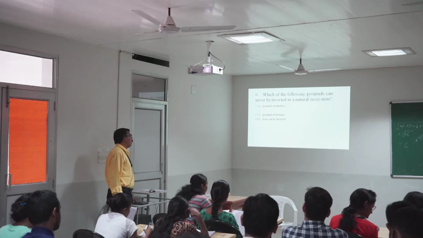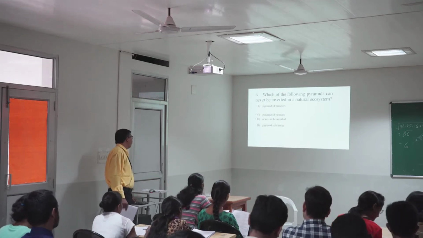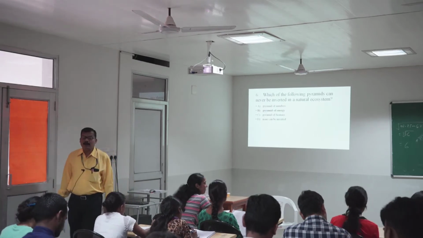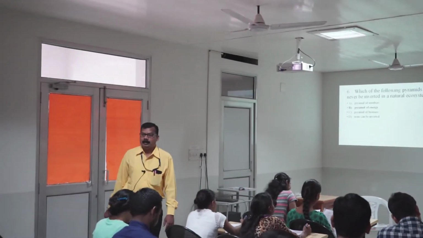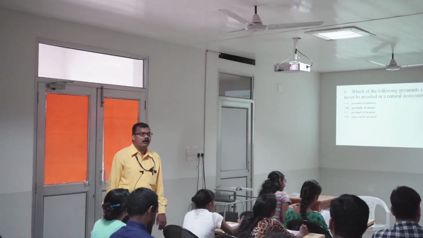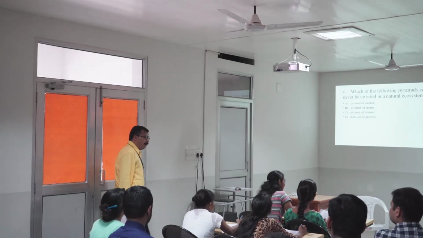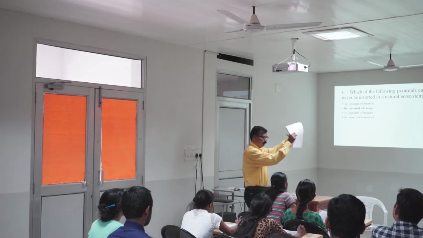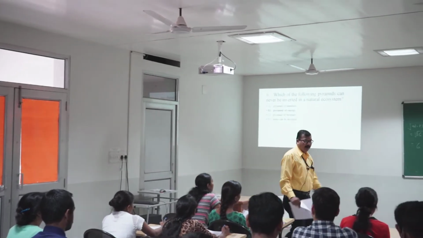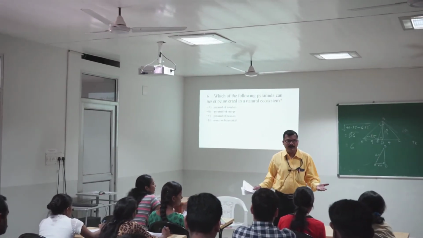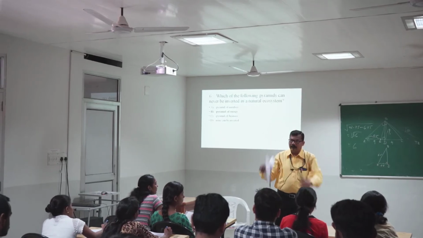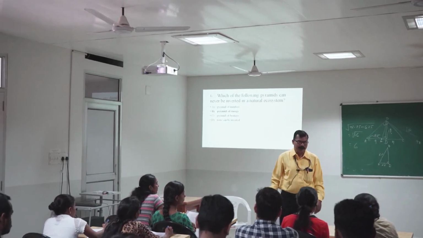The pyramid which is never inverted is the pyramid of energy. It is never in an inverted shape. Now what is the shape of a pyramid? Triangle-like. From the base it is flattened, and as you move up it goes on tapering, that is conical shape.